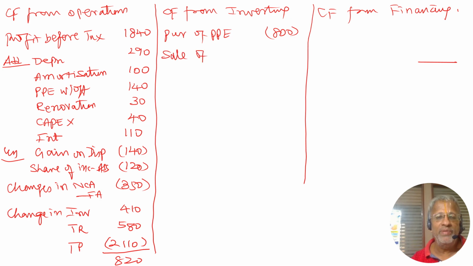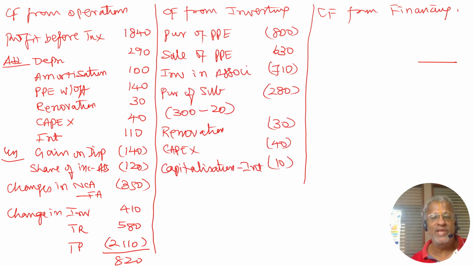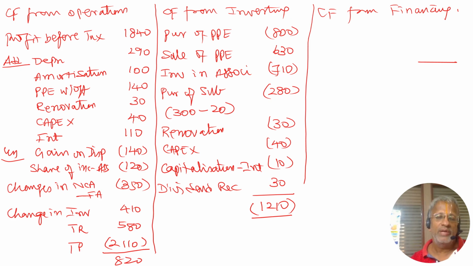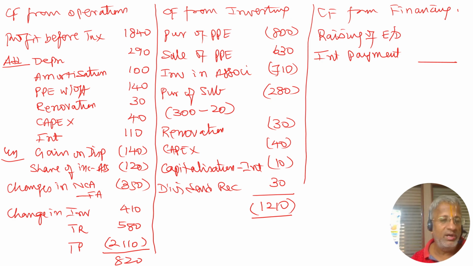So a purchase of PPE 800, as I told you, sale of PPE 630, then comes investment in associate 710, then purchase of subsidiary 300 you paid, 20 you have taken as a cash, 280, renovation 30 resulting in outflow, capex of 40 outflow, capitalization of interest in, and thereby we are expected to take up the only item dividend received, that being 30 there. 1290 you have as the outflow in the case of investing activity.